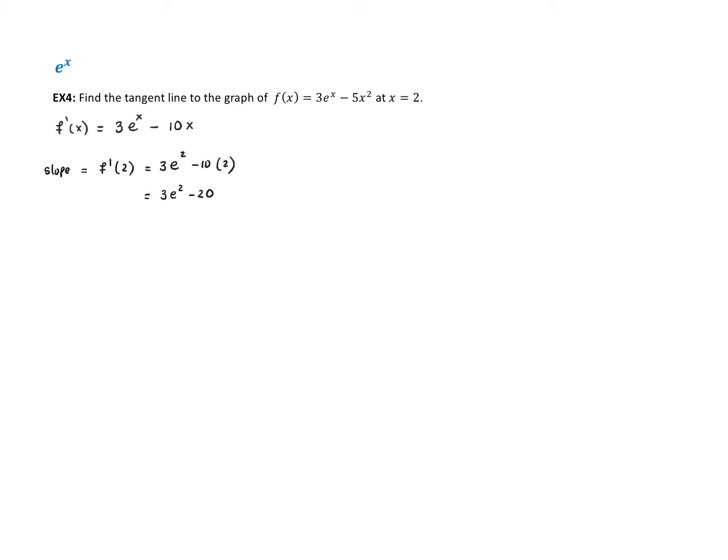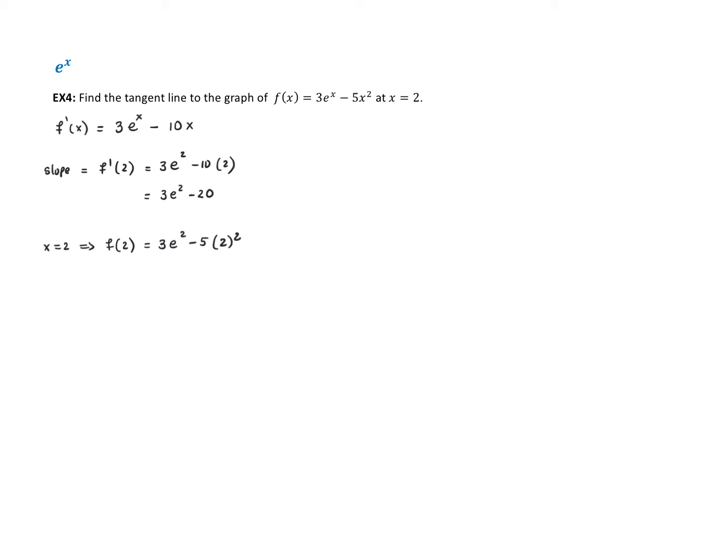Now, in order to find the equation, I need the point of tangency. I know that the point of tangency happens at x equals 2, but I need the y value. That's easy to find. I'm going to use the function. So when x is equal to 2, I'm going to find f of 2. And that is going to be 3e squared minus 5 times 2 squared.